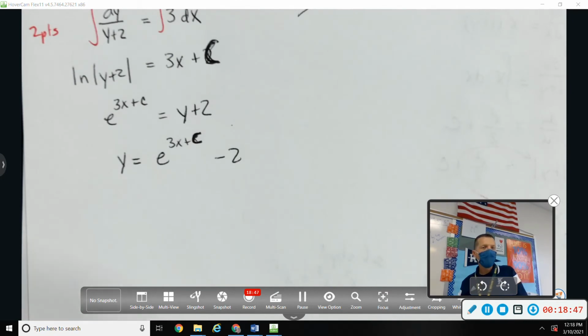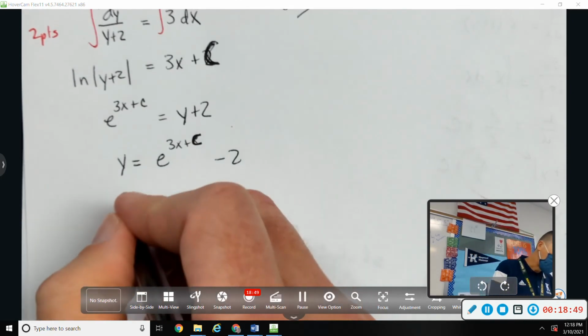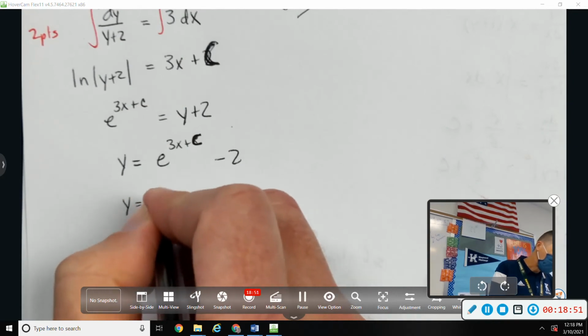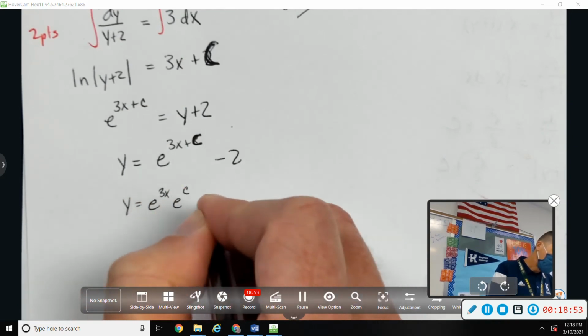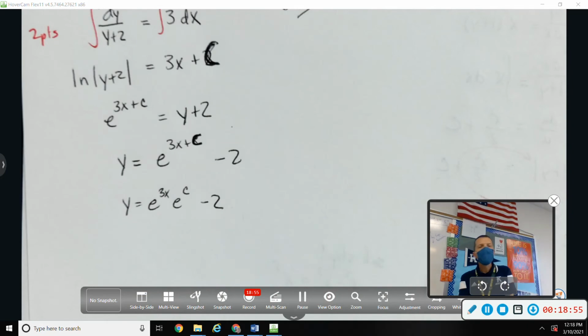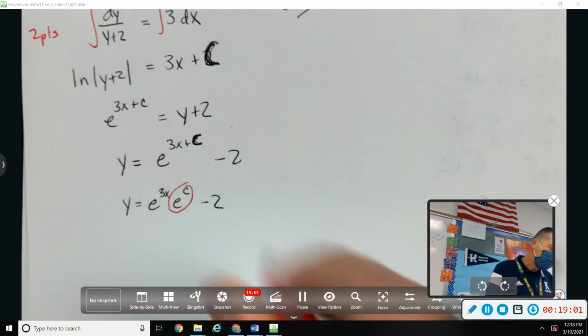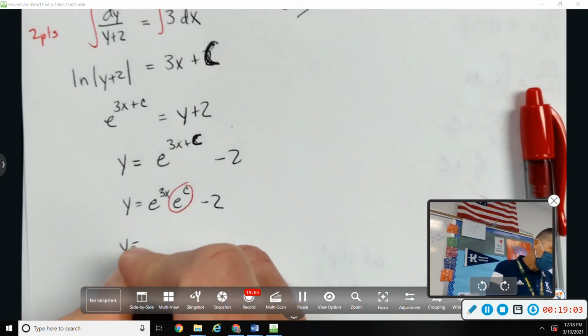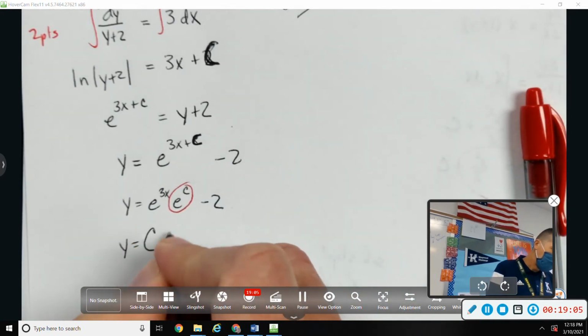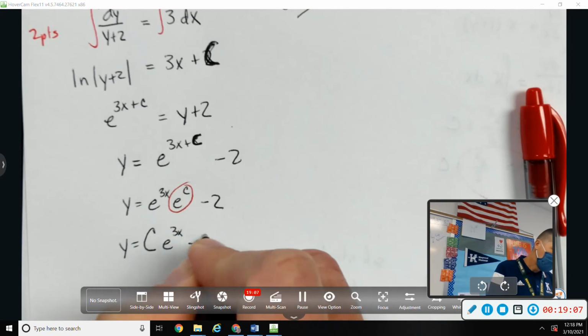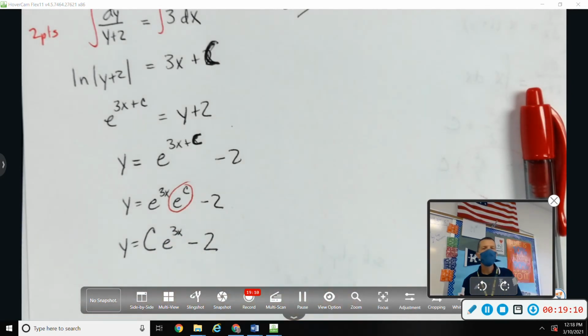We do this quite often, so I hope you're used to it. I hope you're okay with it. Sort of unadding the exponents. Then I realized that e to the c is just a constant. So y equals c e to the 3x minus 2.